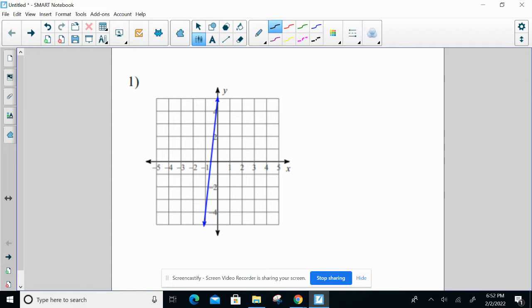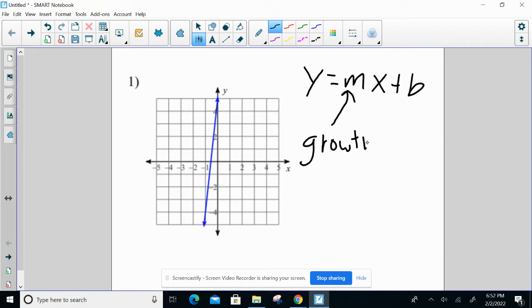We know how to find slope now on a graph. We know how to find slope from 2 points. That's great. But we also need to remember, we have this form that we used before. And we had growth. And we had starting value.